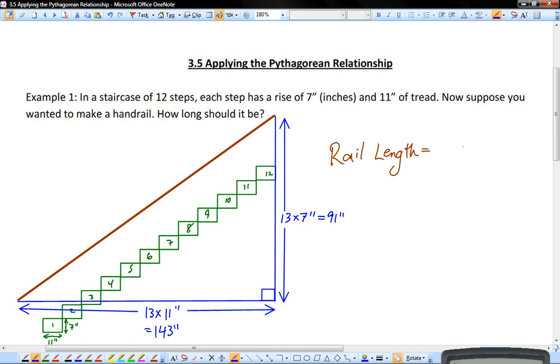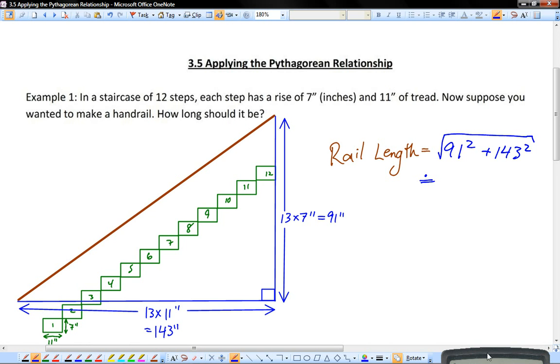So what I'm going to do is 91 squared plus 143 squared. That's like a squared plus b squared. And that will be equal to c squared, which is the hypotenuse, that's the rail length. Since I want to calculate the rail length, I'm going to need to take the square root of this result. So let's see what I get.